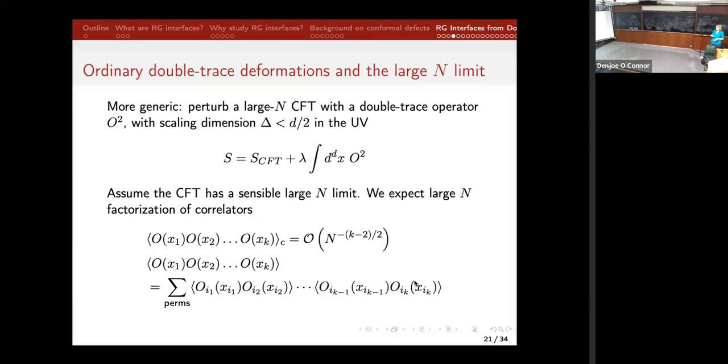So we expect large N factorization of the correlators, meaning a connected k-point function of these single trace O operators is suppressed in powers of 1 over N to the (k-2)/2. That means you can do Wick contractions, because the connected part is so suppressed. So working at first order in 1 over N, we have these Wick contractions.